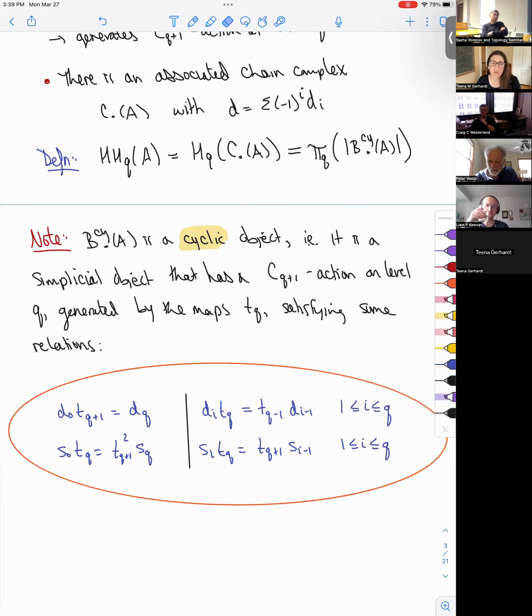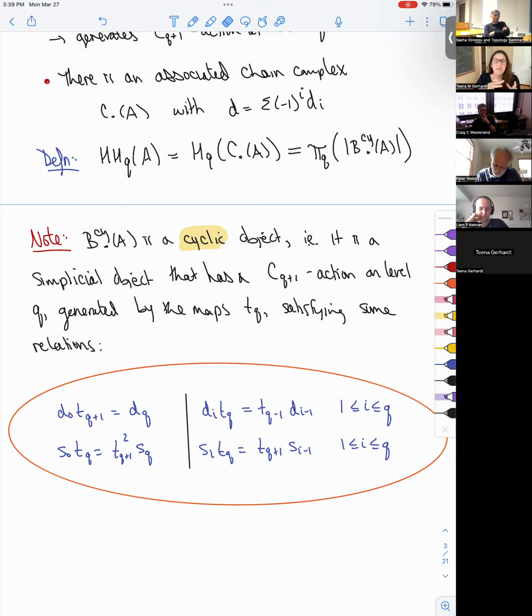So this is actually what we call a cyclic object, meaning that it's simplicial, but it has a C_{Q+1} action on level Q generated by some maps, T_Q. That was the map that rotated the last factor to the front. And that cyclic action satisfies some relations with respect to the face and degeneracy maps. So I wrote them down there. It's not so important exactly what the relations say right at this moment.